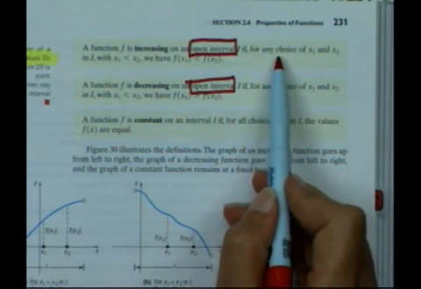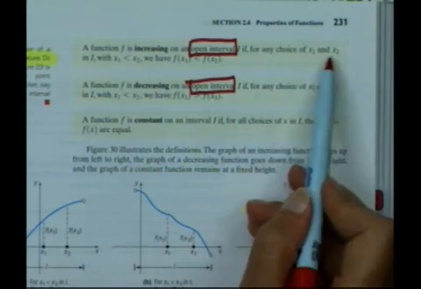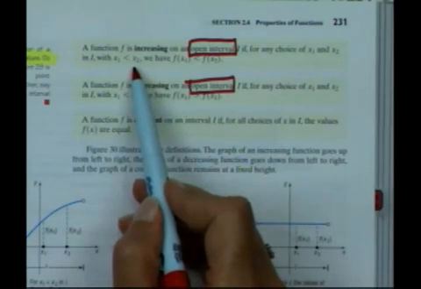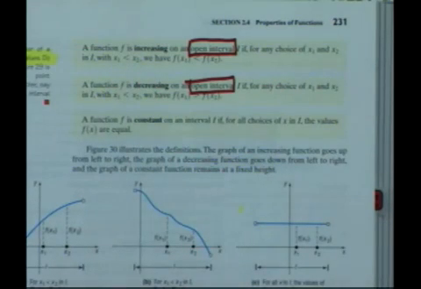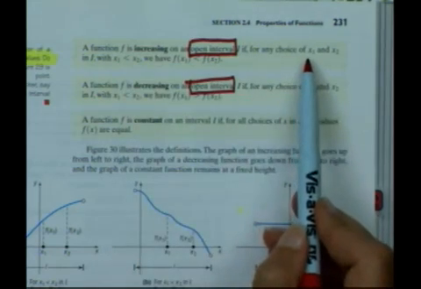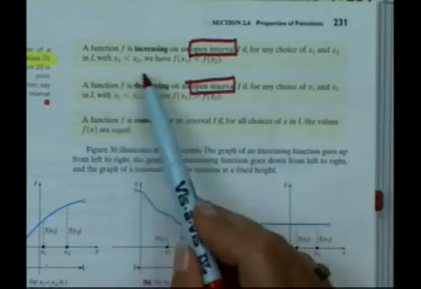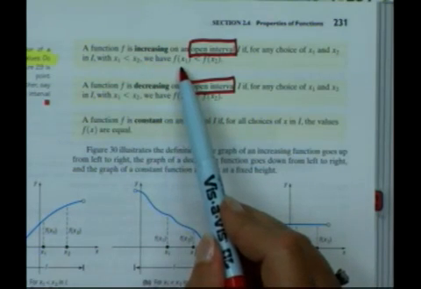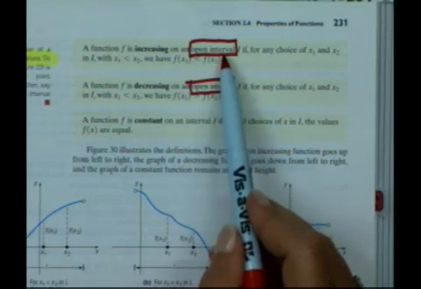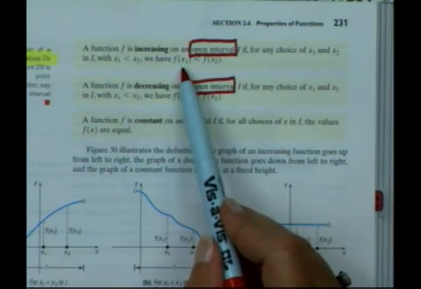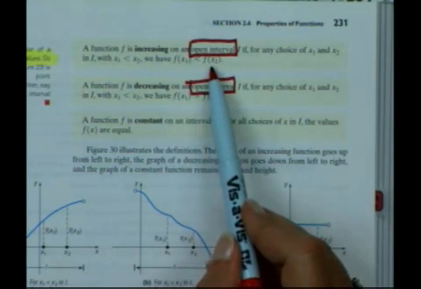If for any choices of two values of x, x1 is less than x2, that means as you're moving from left to right, the x values are getting bigger. It's increasing as long as the y values for those x's are also getting bigger. The y value at x1 is less than the y value at x2.